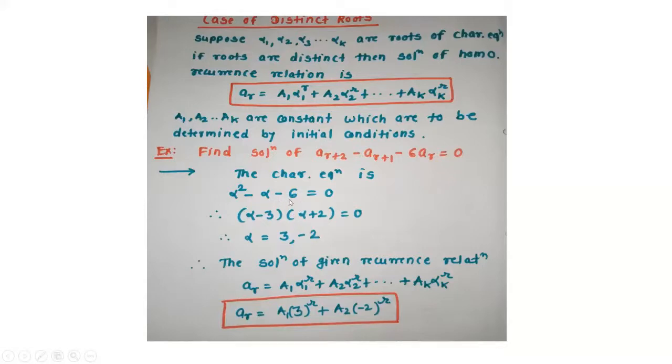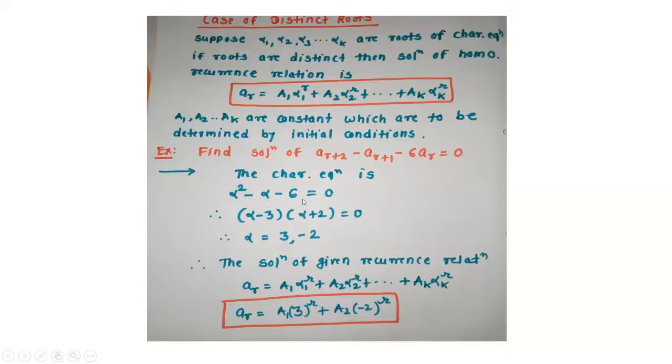How to find the roots? Whatever this minus 6 is, we have to find two numbers whose multiplication is minus 6 and addition is minus 1, since for alpha square minus alpha, the coefficient of alpha is minus 1.